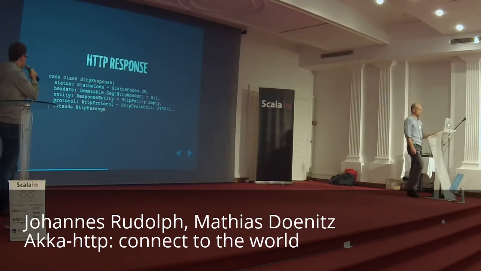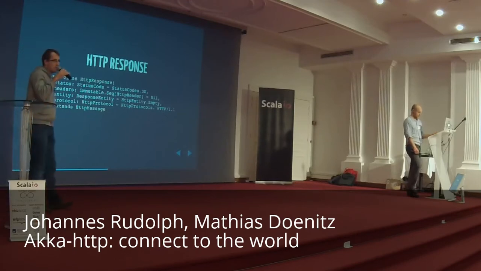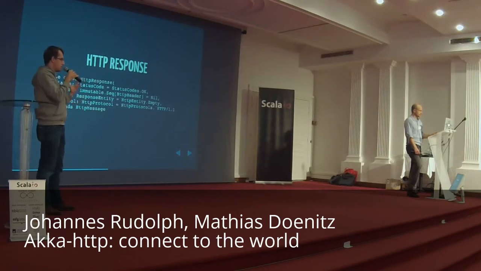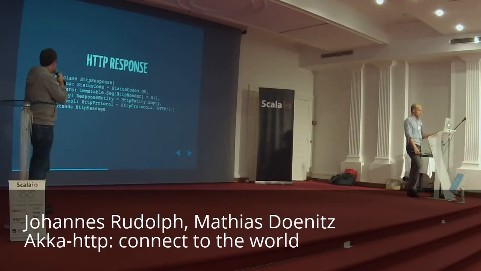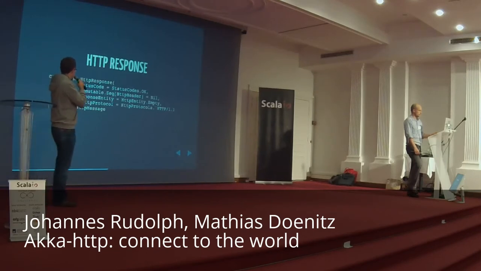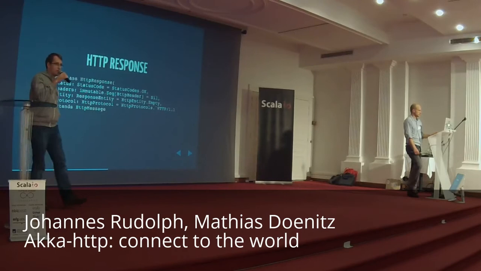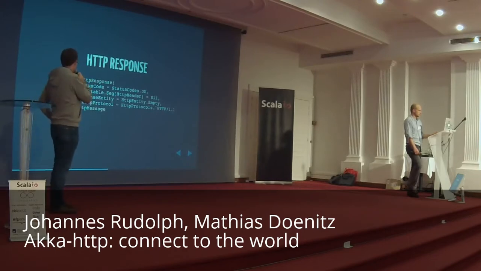So this is the HTTP response. It basically looks very similar because HTTP messages, responses and requests, are very similar. So in response you have the status code, you have some headers, and you can see the HTTP header type is the same as in the request, and yeah, it's a super type of all the headers we have defined in Akka-http. Then again we have an entity.